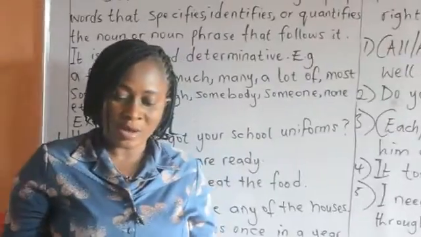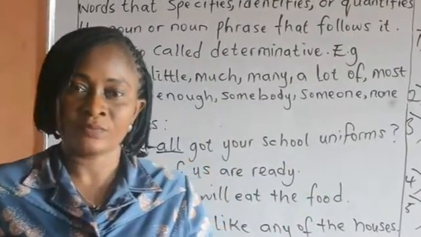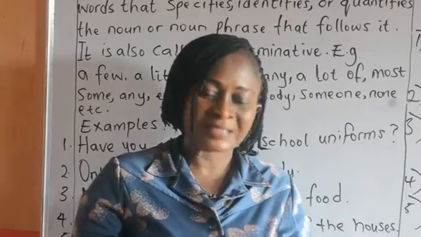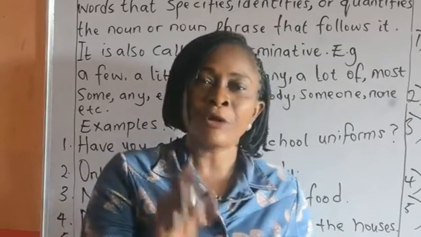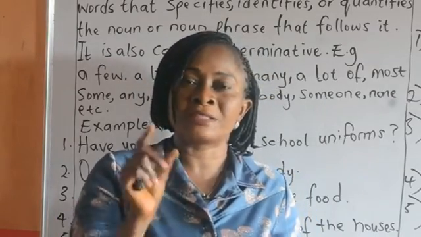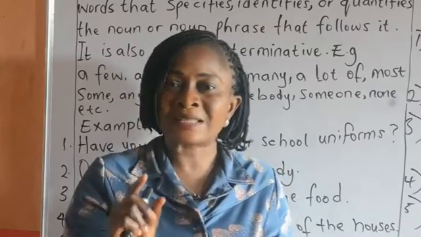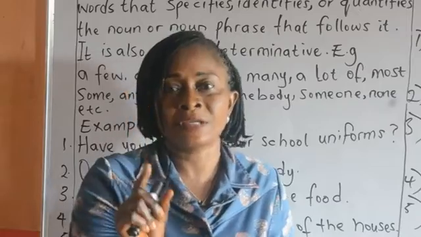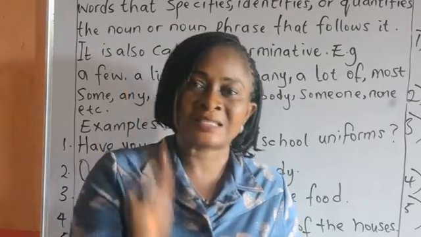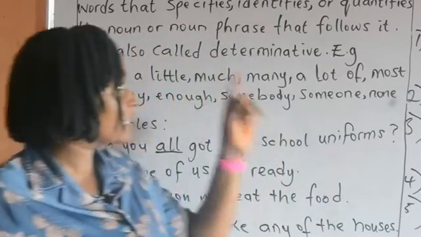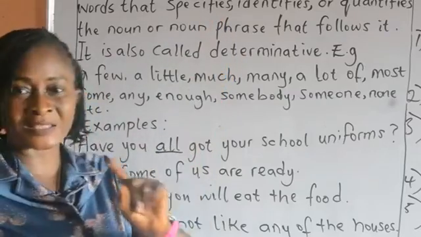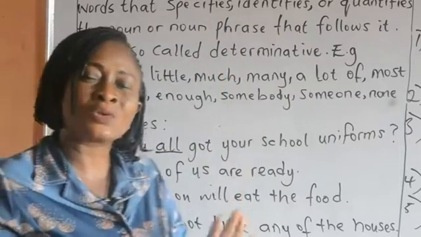Number 1, we have the definite article determiner. From your knowledge of articles, remember the definite article is the word the, T-H-E, when you are specific. It specifies when you are talking of a particular thing.